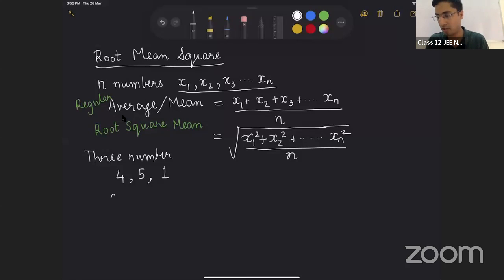I'm going to give you four options: 10, 10 by 3, 11, 11 by 3. What will be the regular mean? I'm going to do a poll. Please don't answer on chat. You'll see a poll. Answer this question, please. What will be the regular mean for these three numbers?